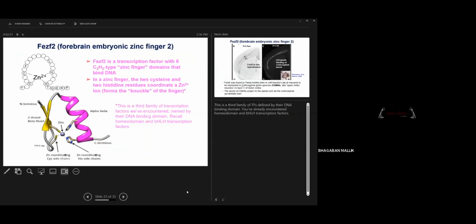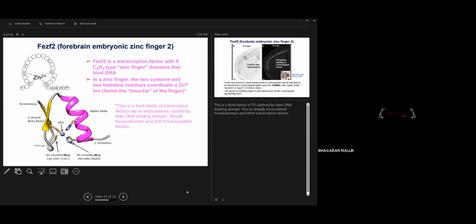I'll be talking more about this, and we will come to know how this particular transcription factor is actually helping in the development of layer 5.